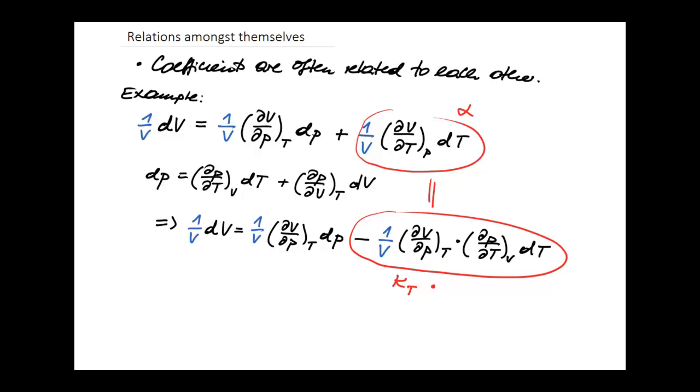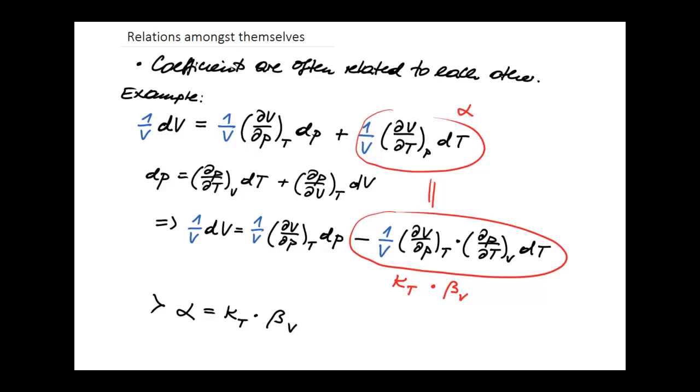And the second factor, the partial of pressure with respect to temperature at constant volume, that's the isochoric thermal pressure coefficient, which we had called beta V. So you find the relation that expansion coefficient equals isothermal compressibility times the isochoric thermal pressure coefficient.